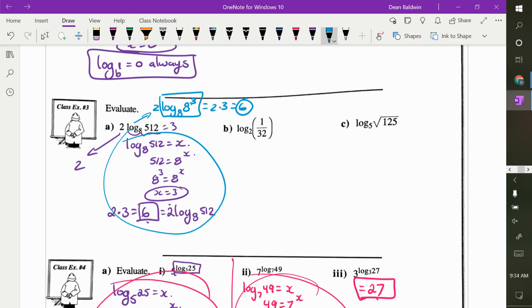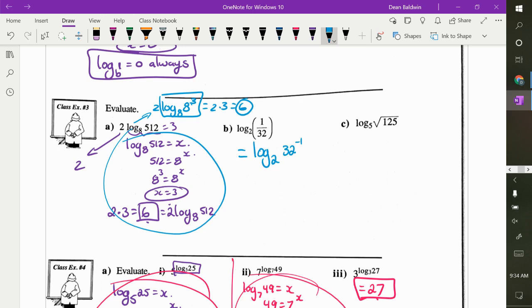Okay? So, B, 2 log base 2 of 1 over 32. When you get a question like this, ask yourself, can this argument be made into base 2? Yeah. It can. First of all, what do you got to do? It's a fraction. We don't want a fraction, so you flip it. Now I'm going to show all the steps. You can do them in your head or you can write them in one step. So I'm going to go log base 2 of 32 to the negative 1.